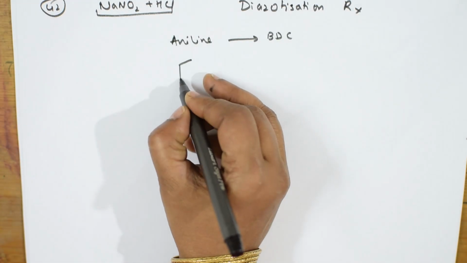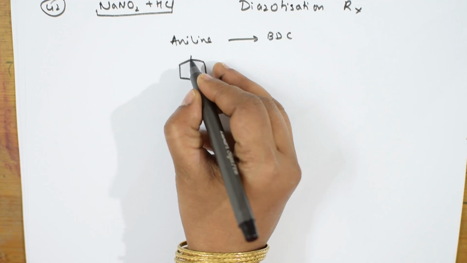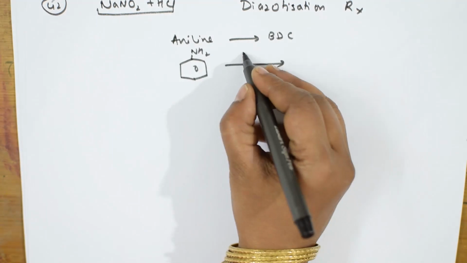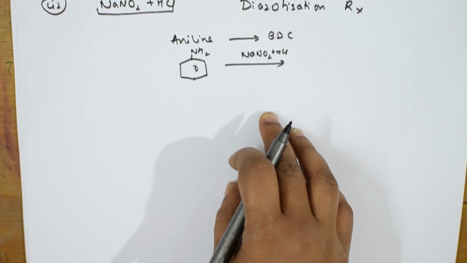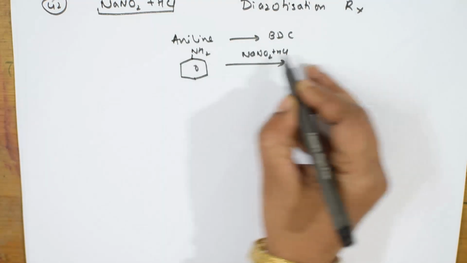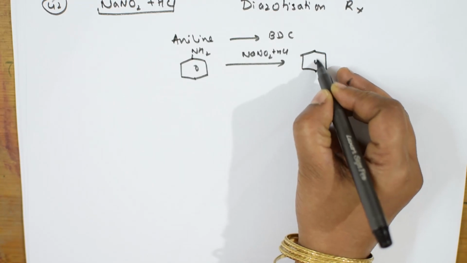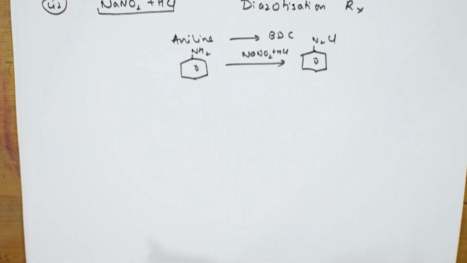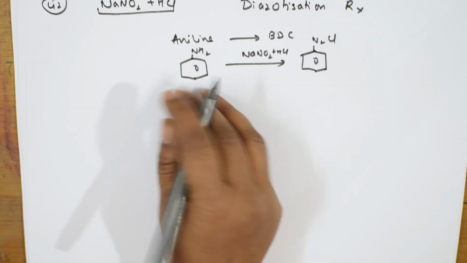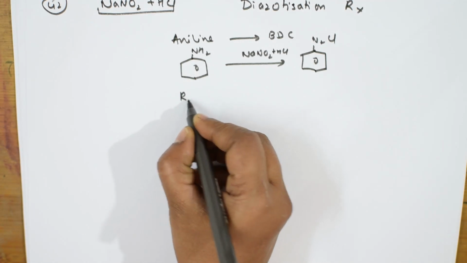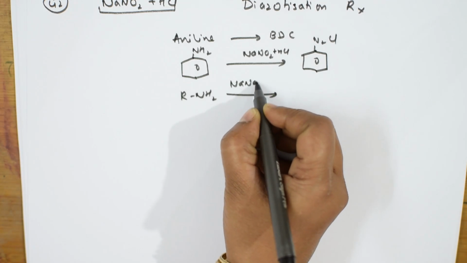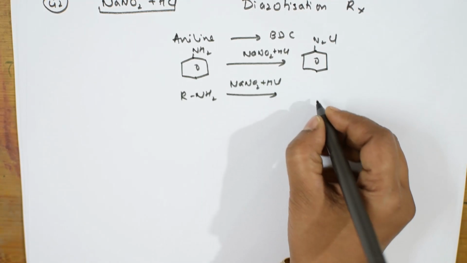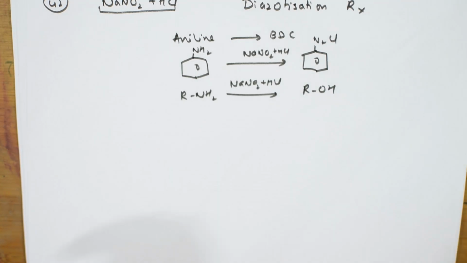If you have aniline, C6H5NH2, and you introduce NaNO2 plus HCl, we get BDC, C6H5N2Cl. This is aromatic amine. If you have an aliphatic amine and introduce NaNO2 plus HCl, you get alcohols. That's it.